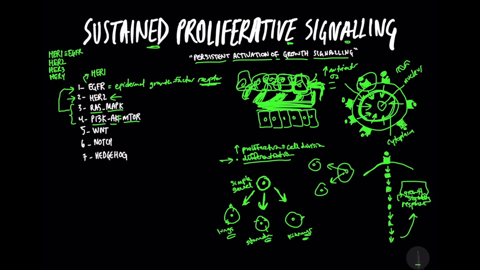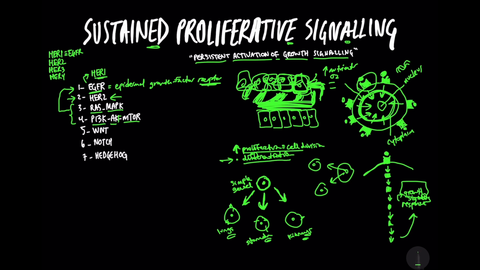But in abnormal cases, HER2 contributes to increased proliferation or cell division, as was the case with HER1 and EGFR.